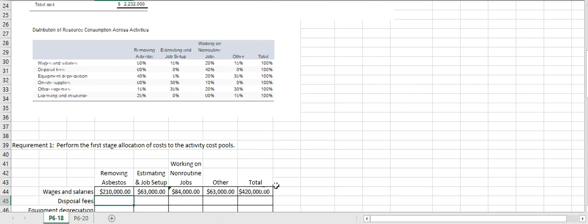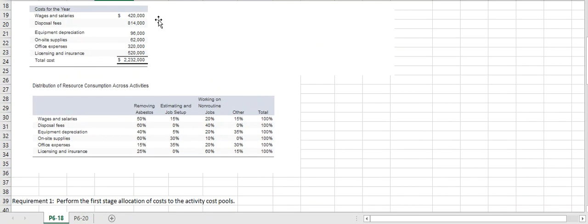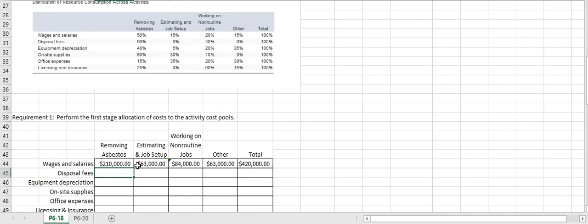So we're going to do the same thing for disposal fees, and it says $814,000 was the total disposal fees. We're going to multiply that by the correct percentage up here. So it was 60% under removing asbestos. It was 0 under estimating job setup.